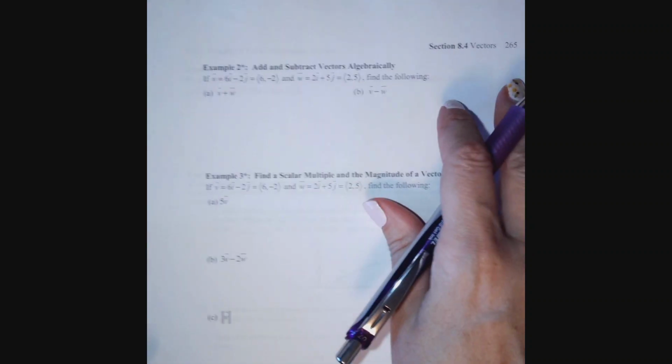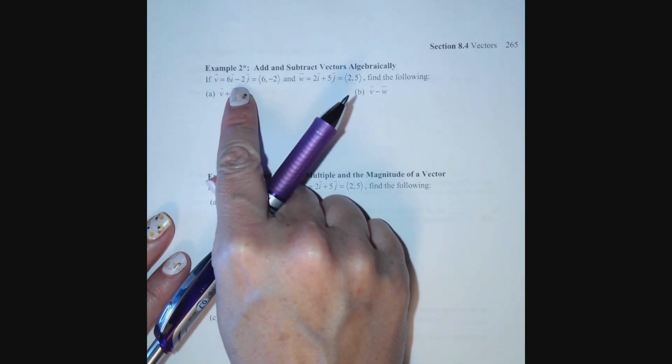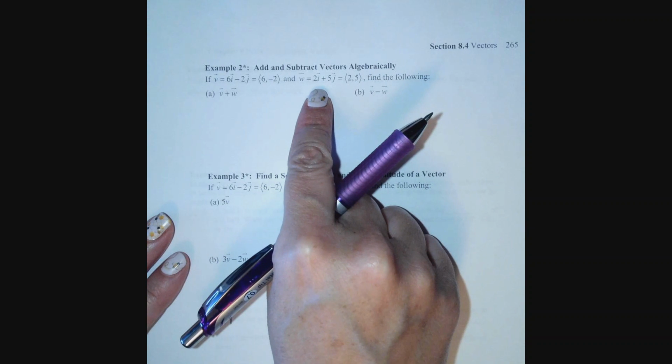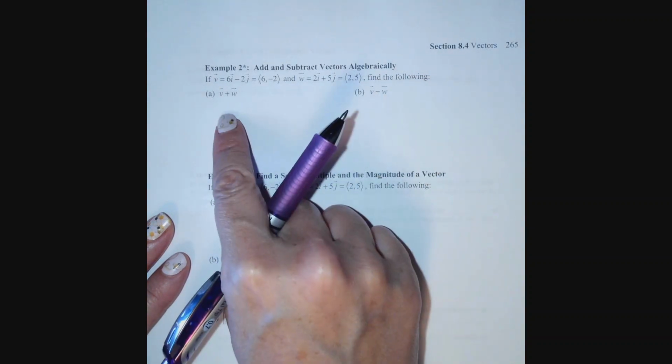Basically, what we were saying was we were going to add the similar components. So where v is 6i minus 2j, that means the component form is <6, -2>. w is 2i plus 5j, the component form is <2, 5>. We want to find v plus w.